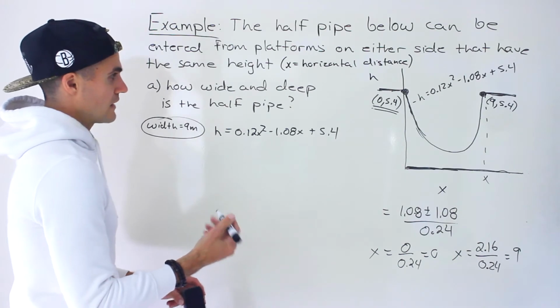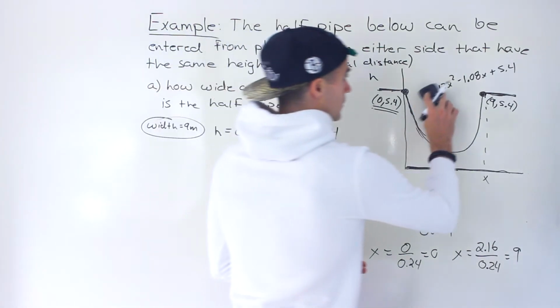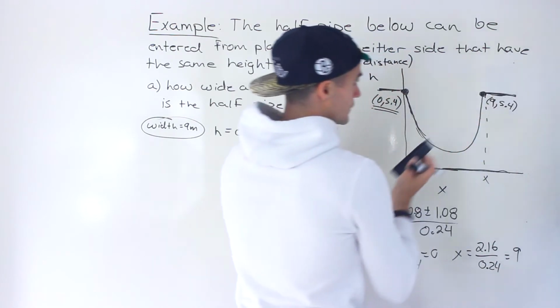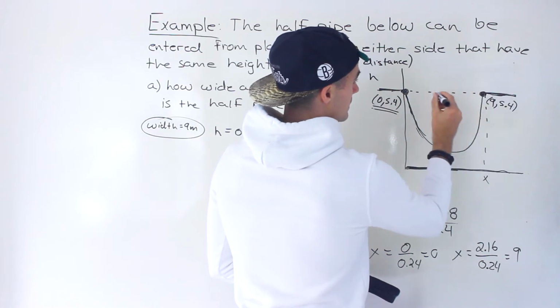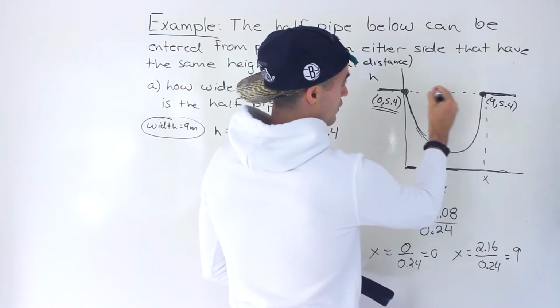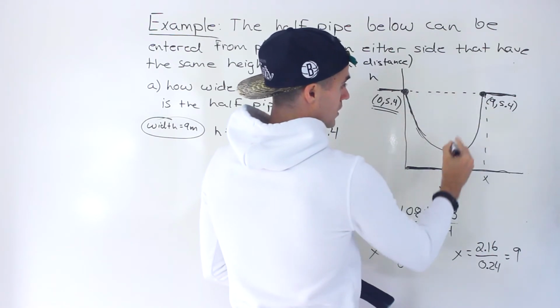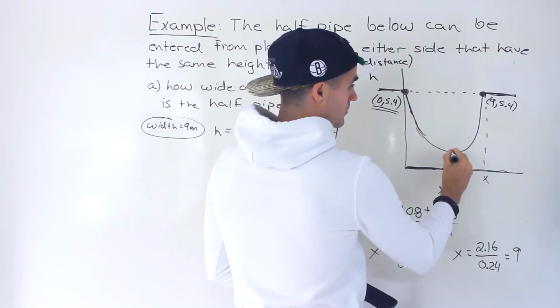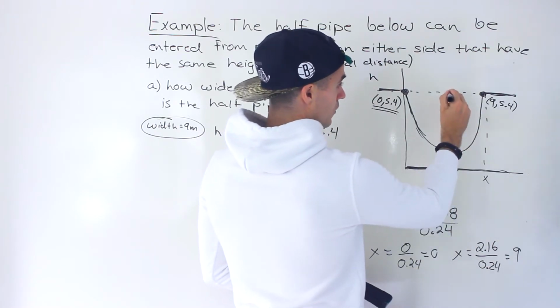Now, how can we find the depth of the half pipe? Well, what we can do, let me erase this over here just to visually show. The depth of the half pipe, if you think about it, is going to be the distance from this line, which is the top of the half pipe, to the most bottom portion, which is going to be the vertex of this quadratic over here.